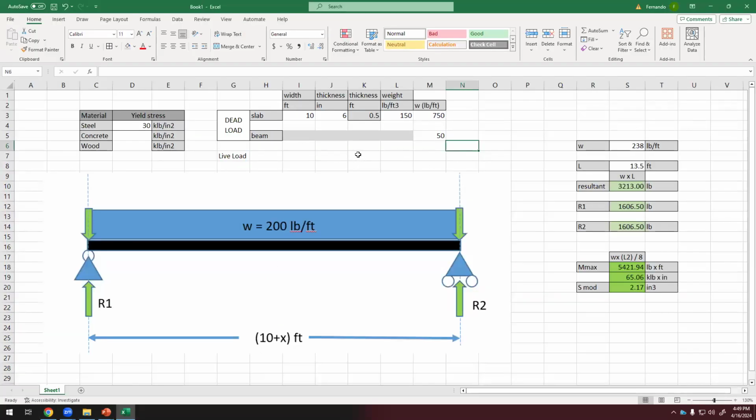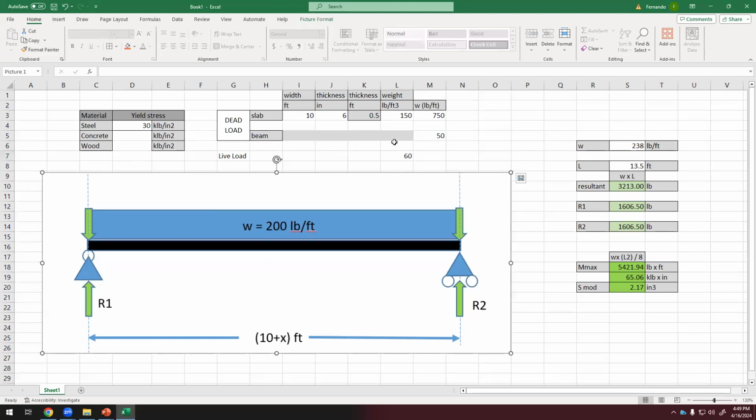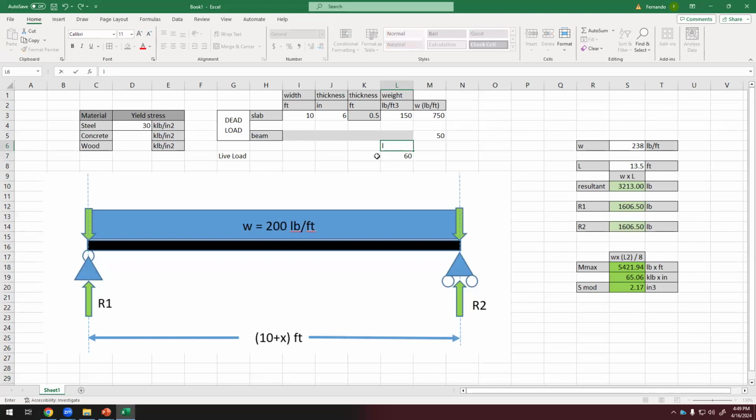Live load, by the way, it's 60, but the units are pounds per square foot. So what do we need? We need the width, okay?